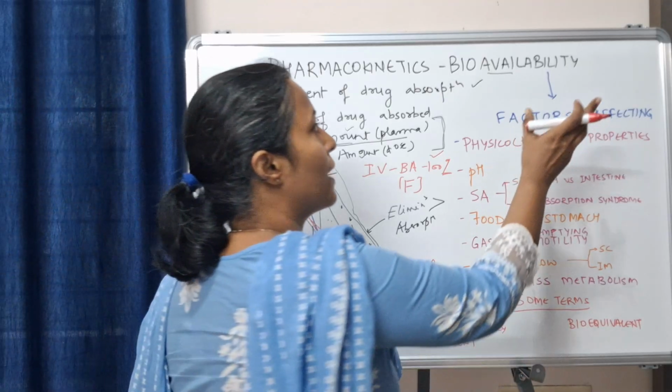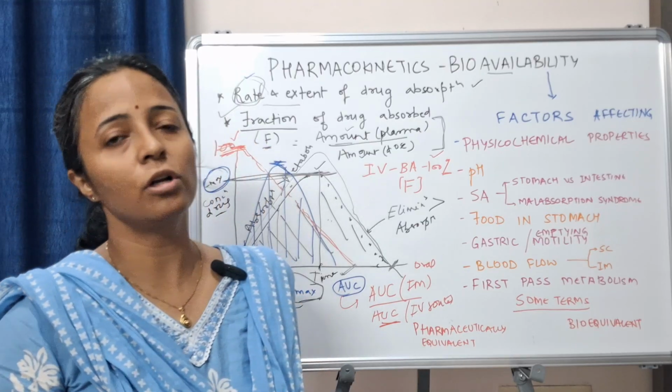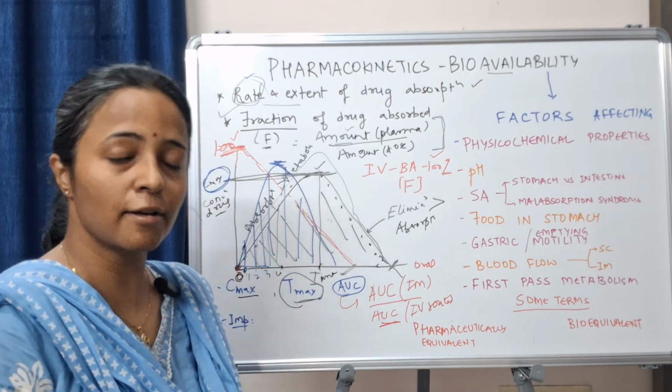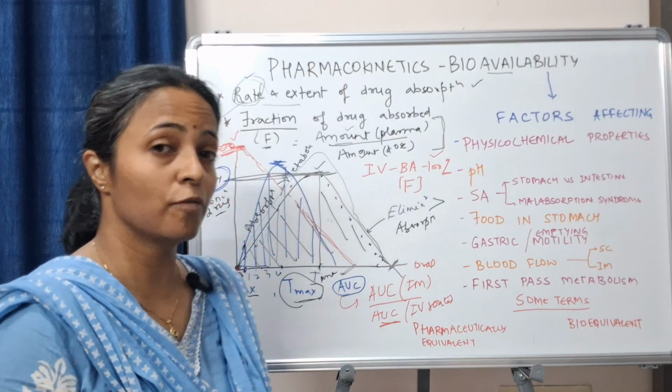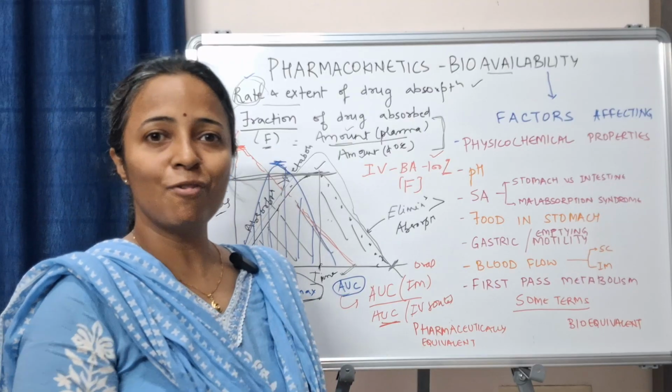Now, there are various factors which affect this bioavailability, and some of these factors we have already discussed in our previous video on pharmacokinetics, where we talked about the drug transport mechanisms. So we discussed the factors which affect the absorption of the drug from a particular site. The same factors will affect the bioavailability.